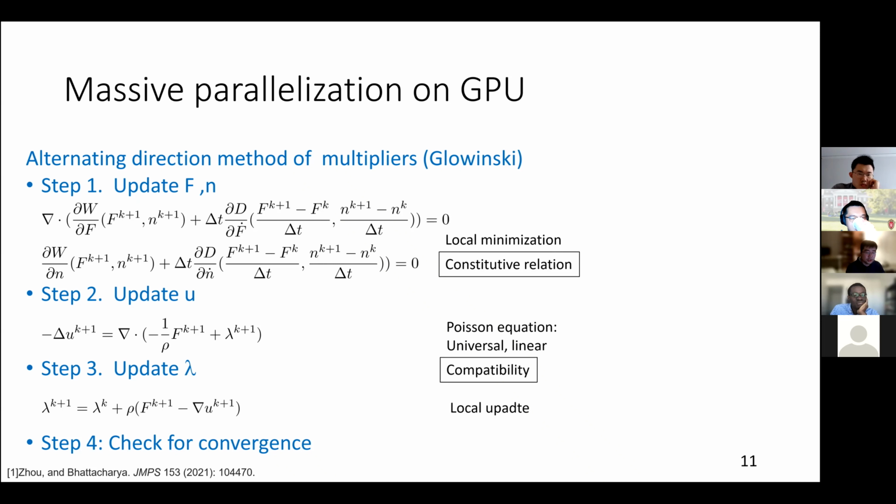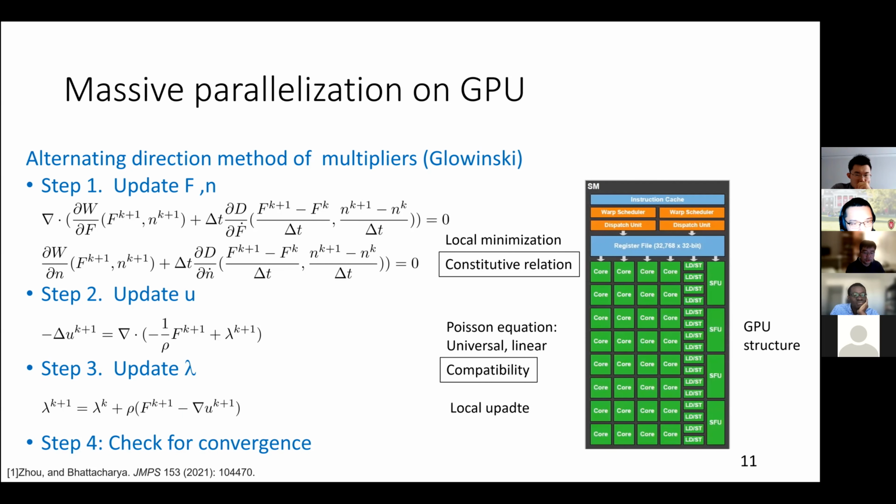So the first step, because it is local, there is no communication, we can actually take advantage of the GPU structure, where GPU is basically favoring a large, massive parallelism, where it has typically thousands of cores in each single GPU card. And second is a Poisson equation. We're solving it using FFT, which can also be significantly accelerated by the GPU. So these two main steps could take advantage of that, and this is the key part of our algorithm.